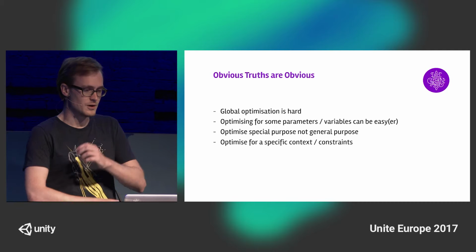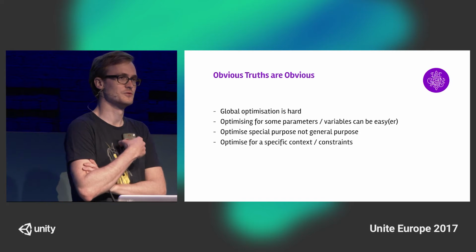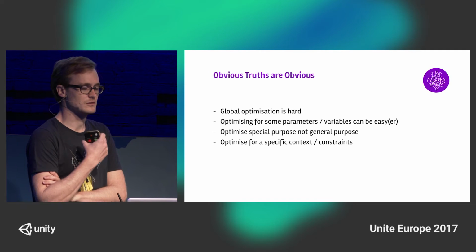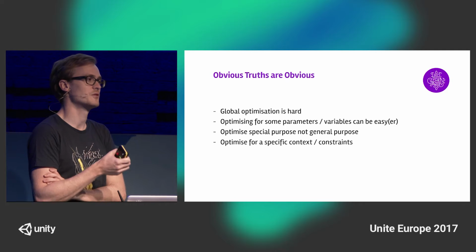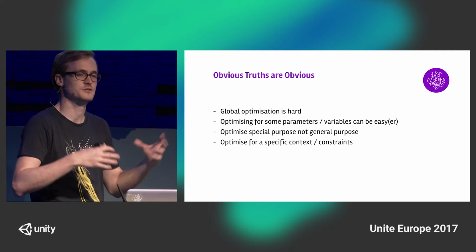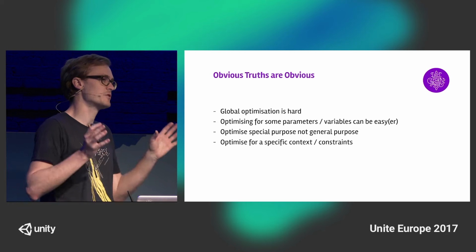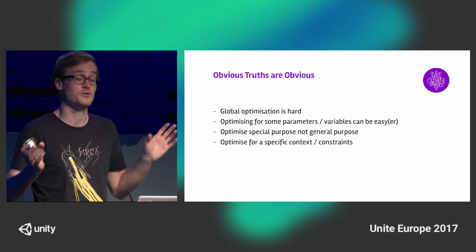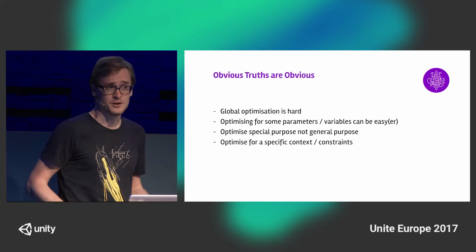Coming to optimization, there are a few obvious truths. Global optimization is hard. It's very hard to optimize something for every condition, every constraint, everything. If you want to write the perfect build pipeline that suits everybody, works miraculously for everything, and is super fast, super easy to use and super integrated, that's a very hard job.